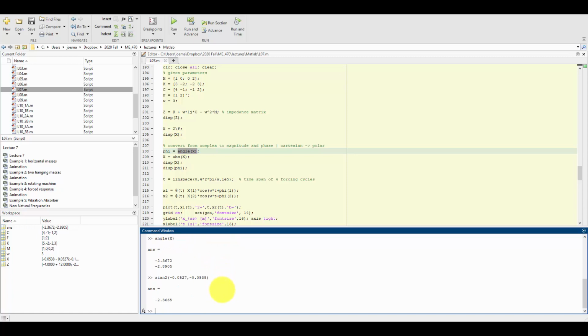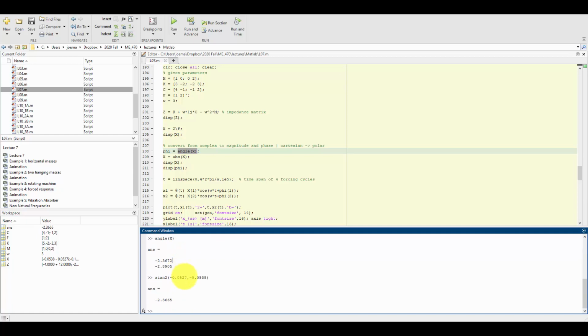And when we do that calculation, now notice there's a little bit of rounding since I'm only taking 3 digits in this atan2, so that's why I'm getting negative 2.3665. But when I just did angle of x, I get a little bit of a different value because there were values in here not being reported.